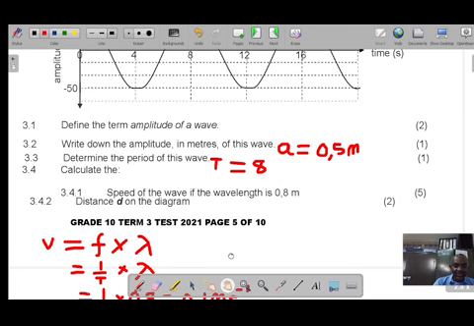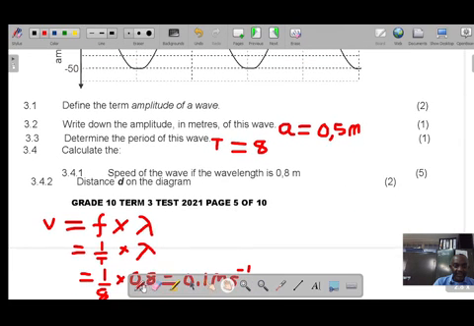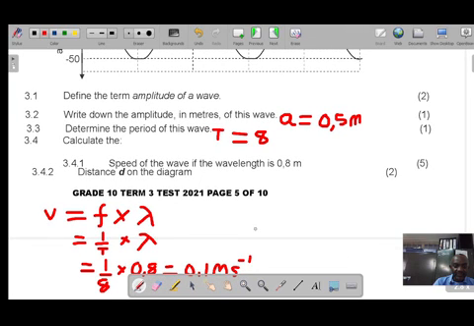So my distance D is given by D equals 0.8 multiplied by 2,5.